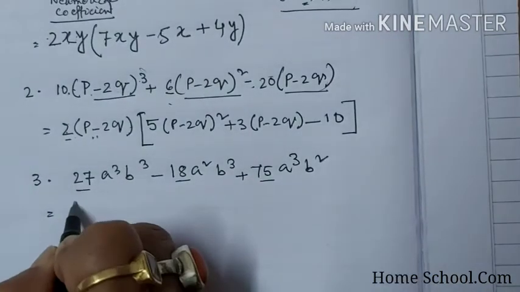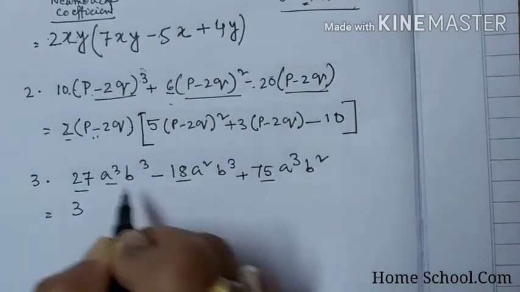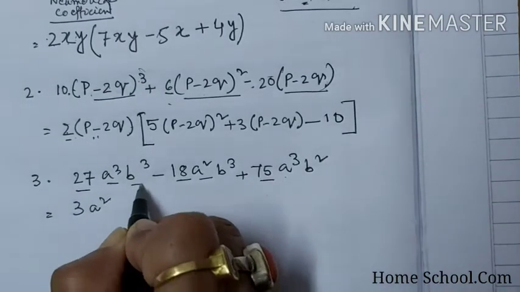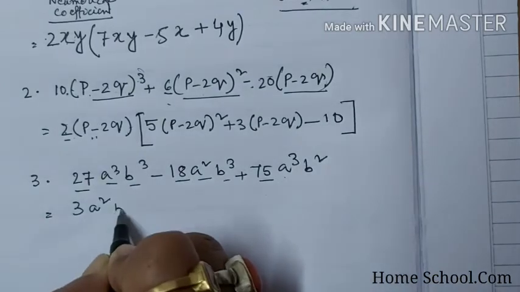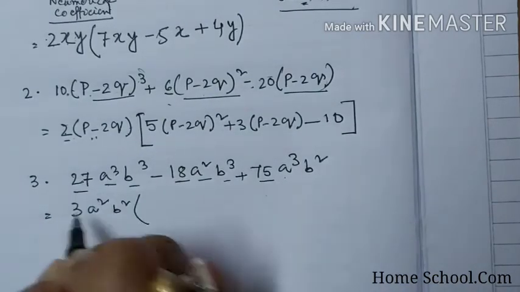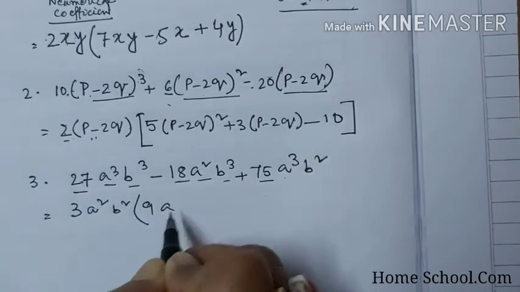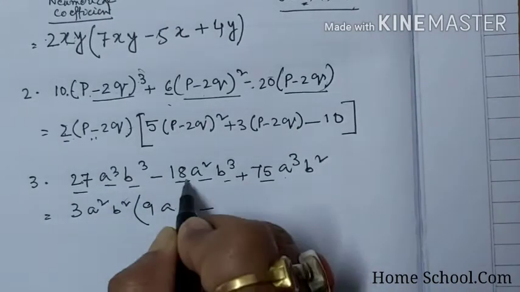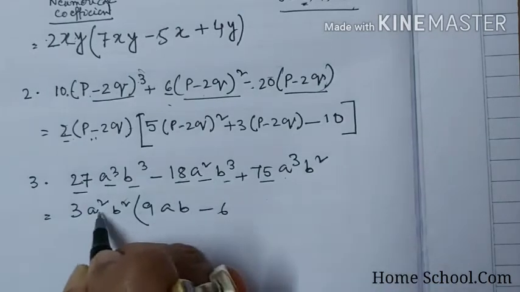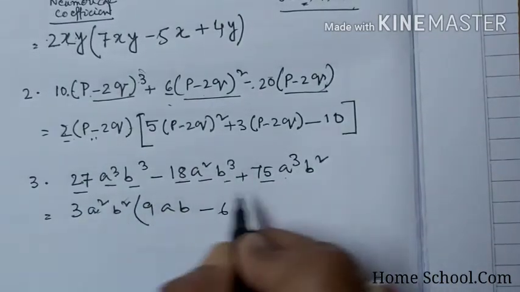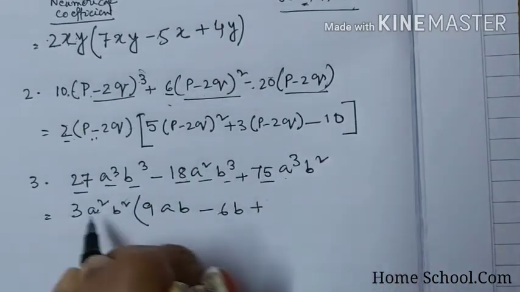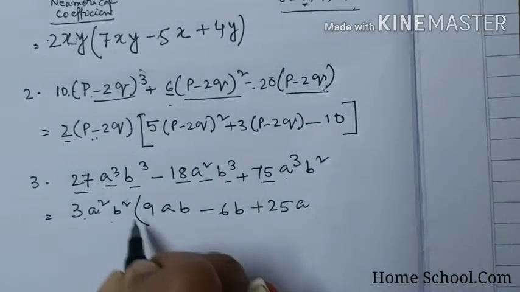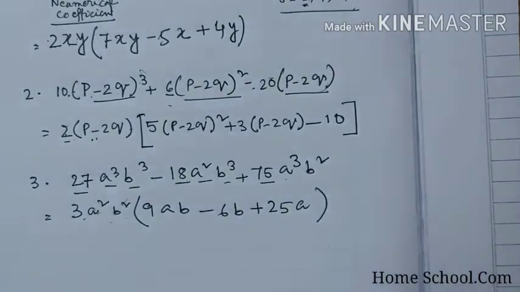If you go by, it will be 3. a3, a2, a3, so the lowest one is a2. b3, b3, b2, b2 you can take. So this is 9, this is a, this is b. Minus 6. a square nothing. b3, b2 only b. Plus 25, a square a, nothing. So this is the answer.